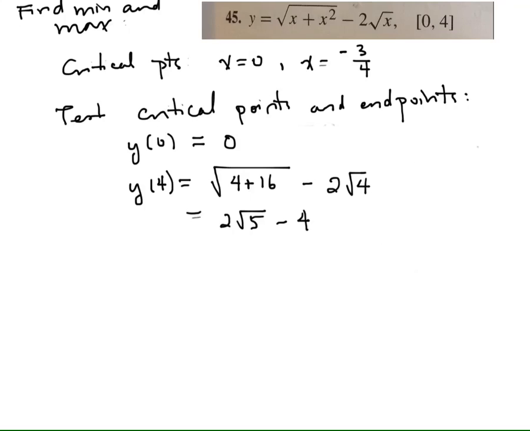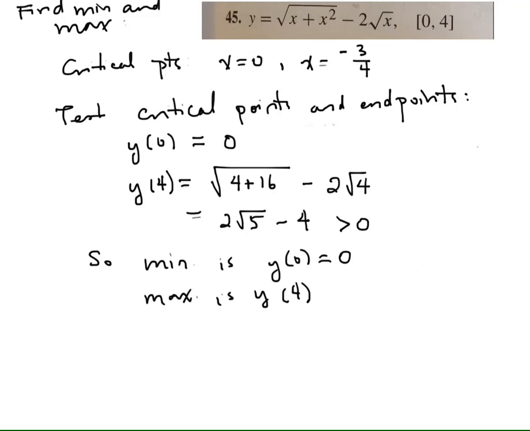Okay, and the square root of 5 is a little bigger than 2, so this is bigger than 0. So the minimum is y of 0, which is 0, and the maximum is y of 4, which is 2 square root of 5 minus 4.